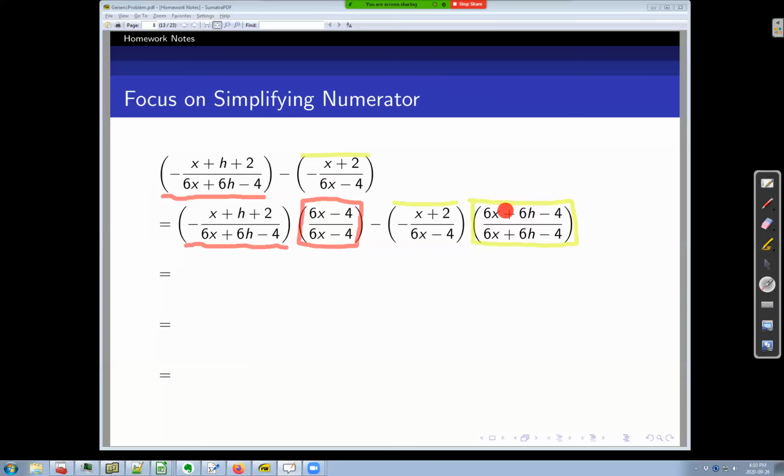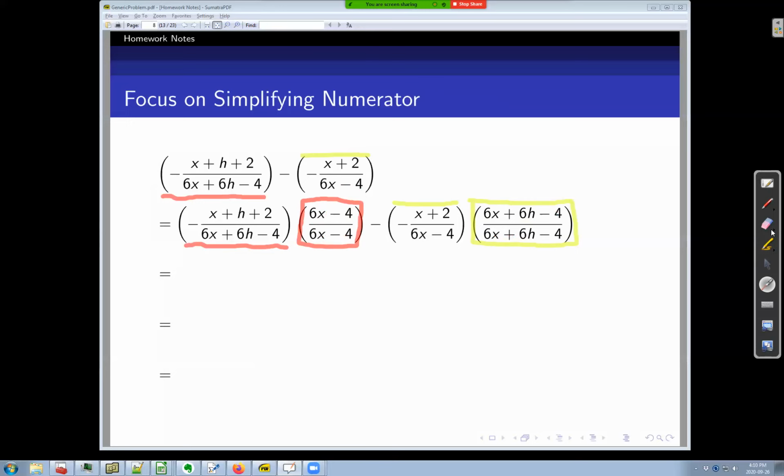And likewise, this expression is the denominator of the first fraction. So if you want to get a common denominator, then you should multiply your second fraction by the denominator of the first divided by the denominator of the first. Okay, so I did not do a very good job explaining that, but hopefully you can just see from looking at the values what we're doing here.